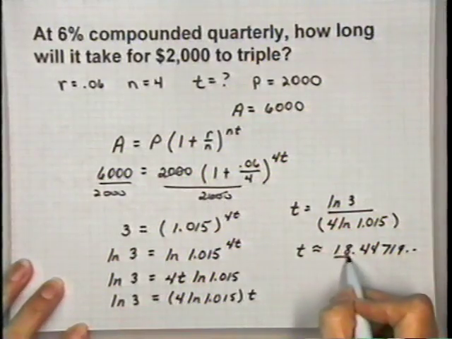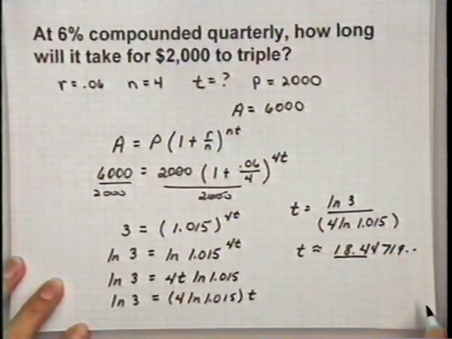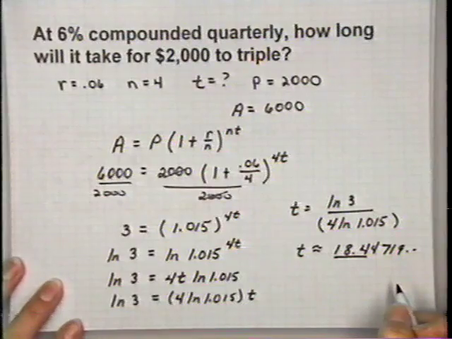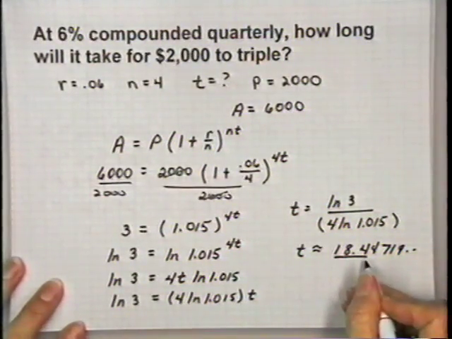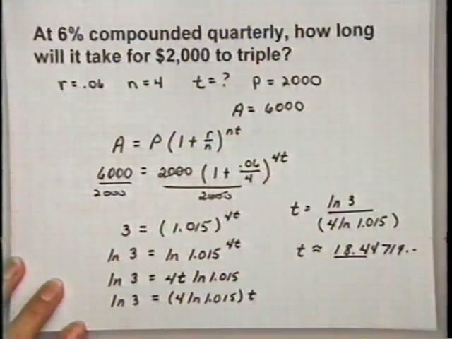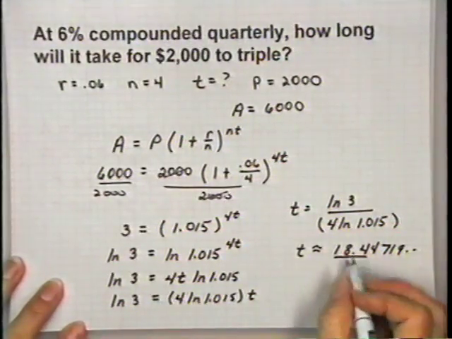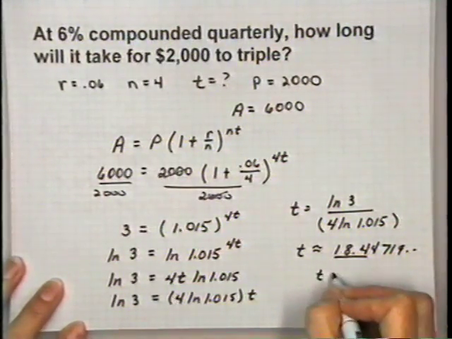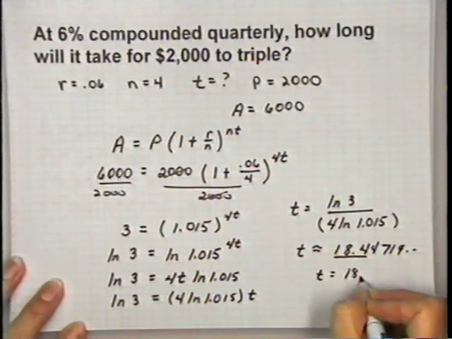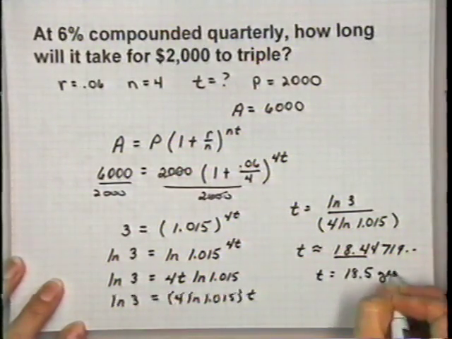So notice this part right here, 18.4 is not quite 18 and a half years, is it? But notice that we would have to get up to that half of a year in order to get that interest paid that second time during that last year. So what I'm going to put here is that t should be 18.5 years.